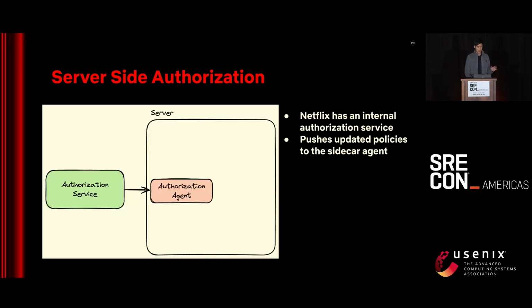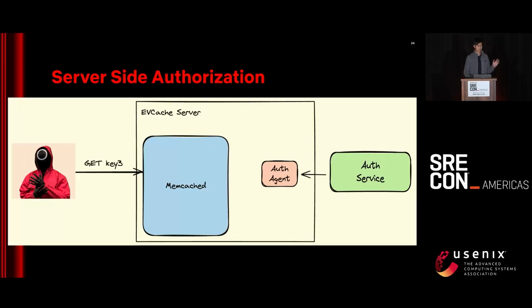So the agent now knows client A is allowed, client B is not. That's an example, right? The agent lives on each of the EVCache servers, and that is how Memcached will know. Back to that example, we have this client that's trying to access this information. Memcached receives this request and makes a request to the local agent: hey, this client is asking for this information.